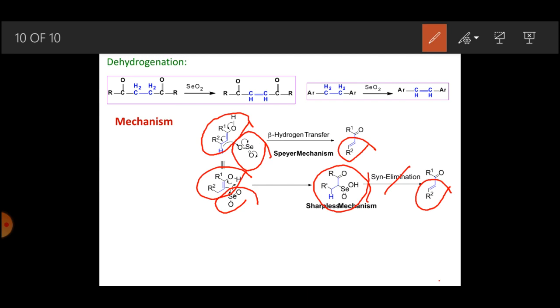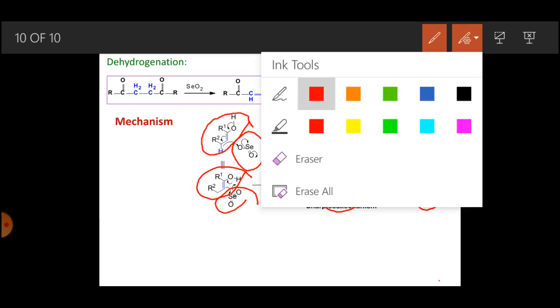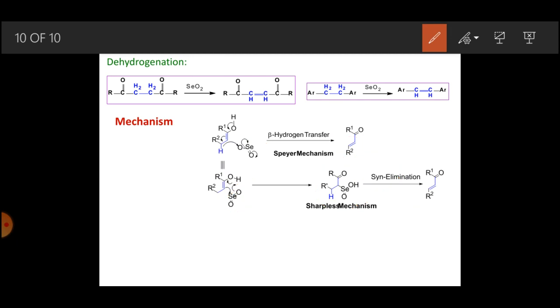So from both mechanisms, it is clear that the presence of beta hydrogen is a must. Without it, selenium dioxide cannot give the dehydrogenated product.